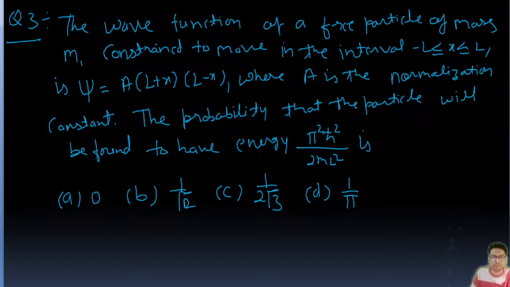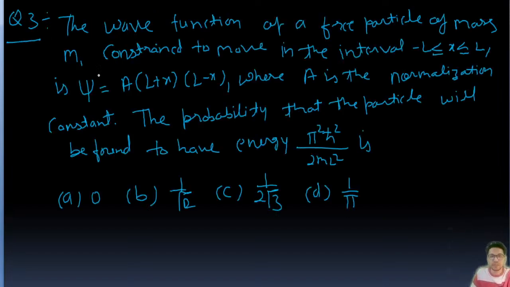First we'll find the energy. The energy of the particle, that is En, is going to be n square pi square h square upon 2 m a square.